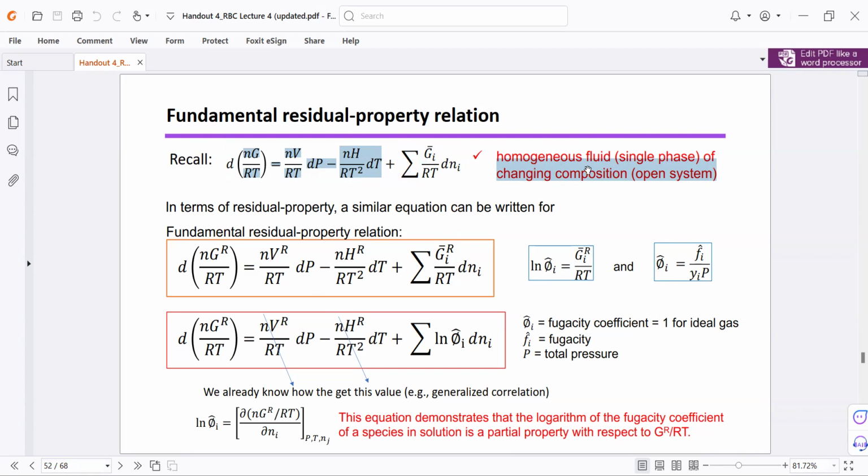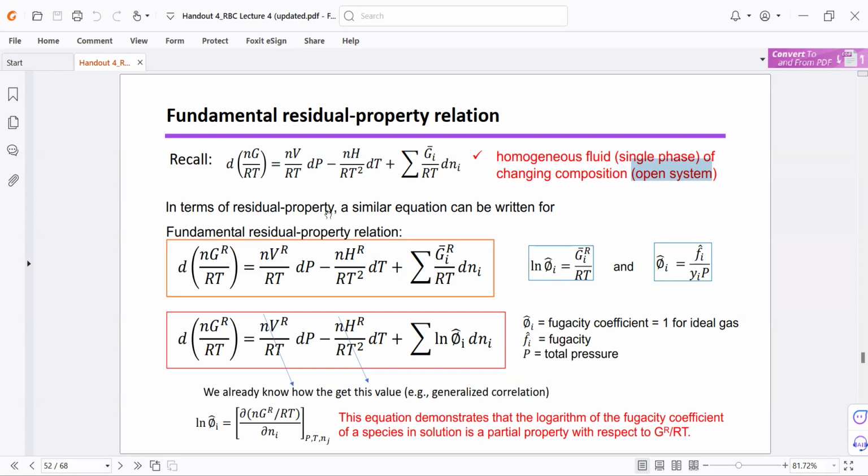To make it more general, just like how we derive the generating function for a multi-component system, we add this term right here, and this is for a homogeneous single phase of changing composition. So it's for an open system. It's a generalized form.